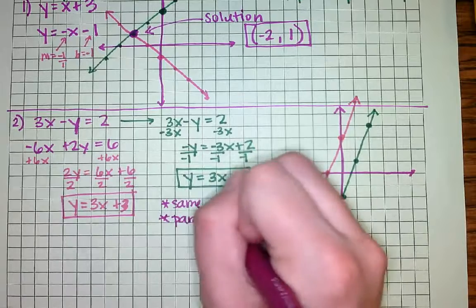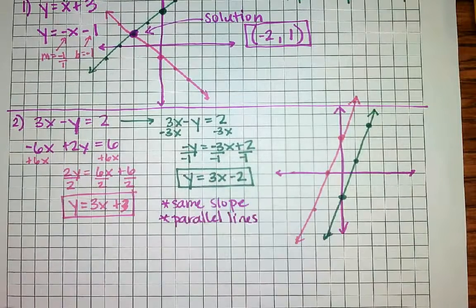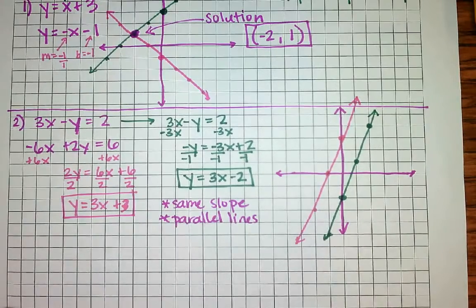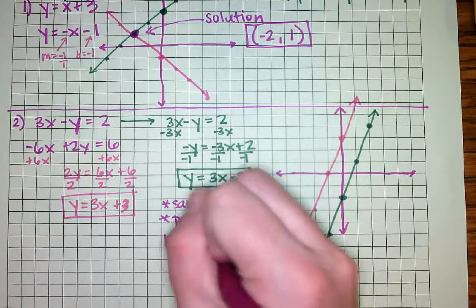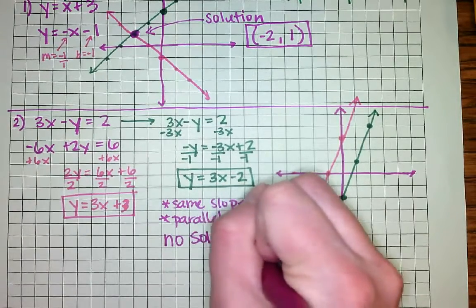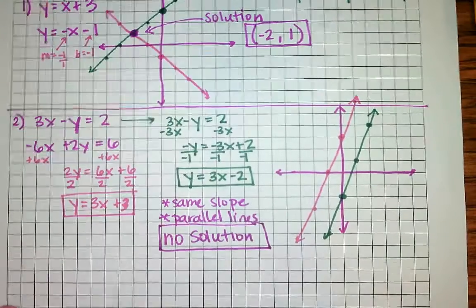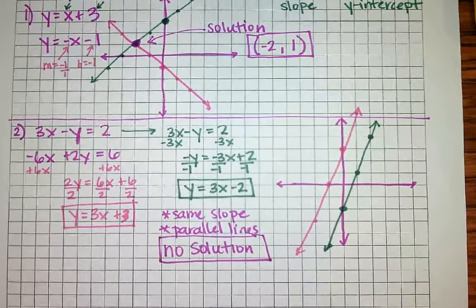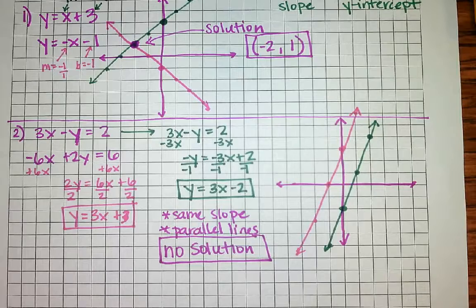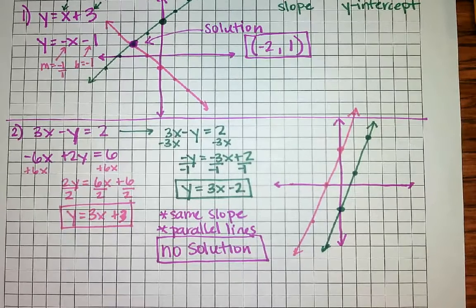So y'all, will these lines ever intersect? It does not matter how big you make it or how far you extend your graph. In this particular graph, there will be no solution. So guys, sometimes when you graph it, there will be no solution. Does that make sense? Are you guys tracking with me? Okay?